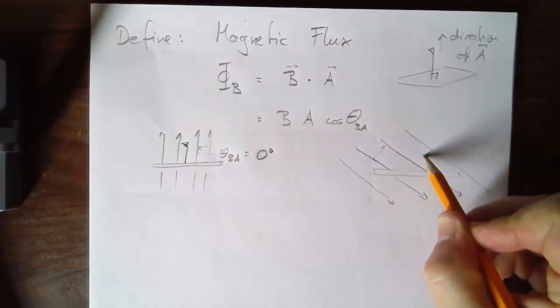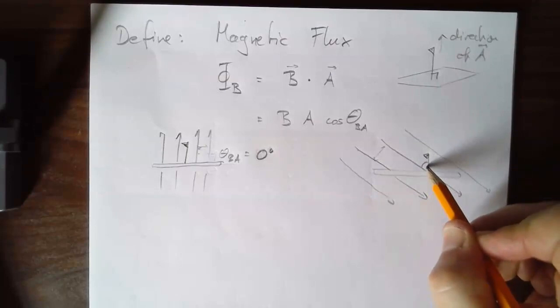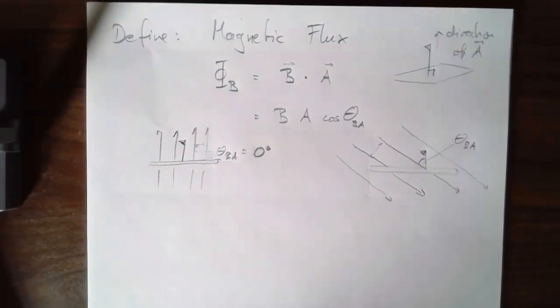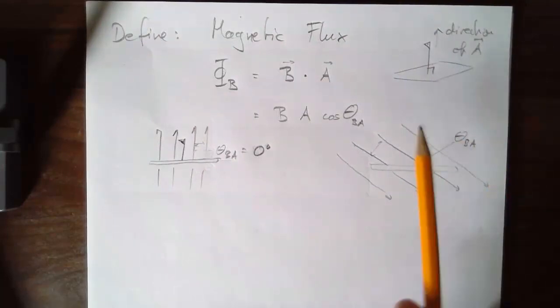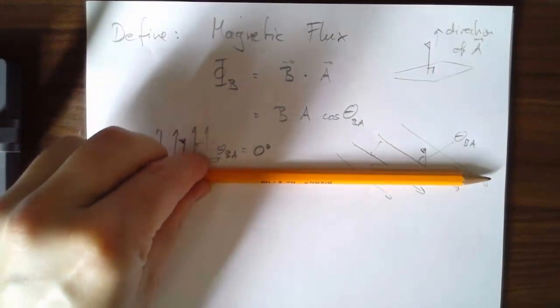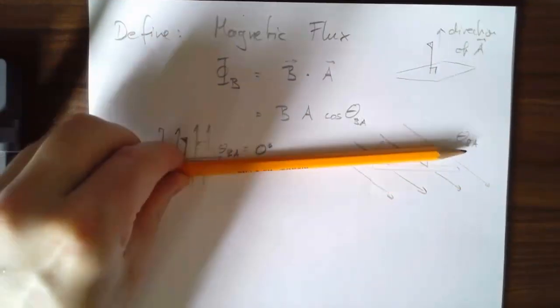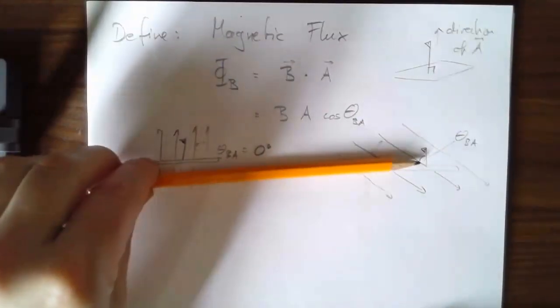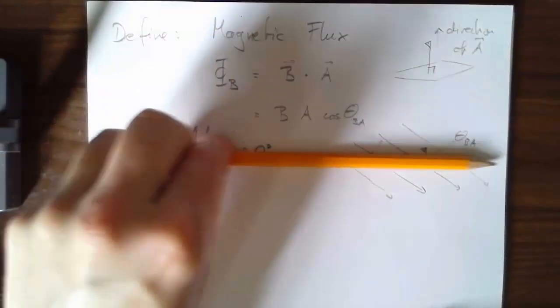And if this is my flag, this would be my theta BA. And so if the magnetic field were perfectly horizontal, I get an angle of 90. The cosine of 90 is 0, so there would be 0 flux if the field points this way.